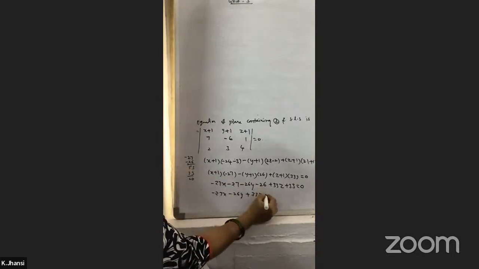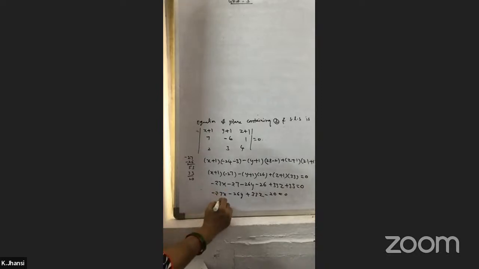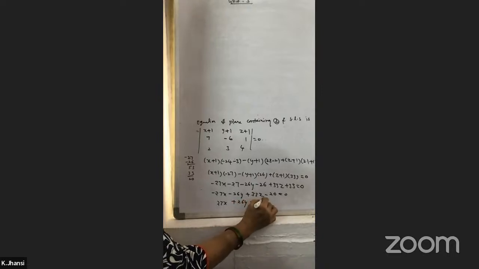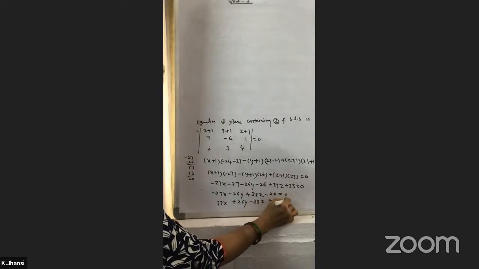Minus 20 equals 0. Now similarly you take minus common, so you will get 27x plus 26y minus 33z plus 20 equals 0. Okay, so this is the second equation of the plane containing line 2 and also the shortest line segment.